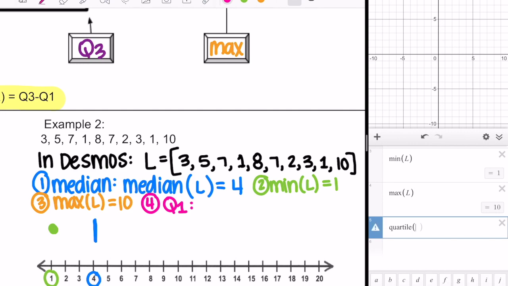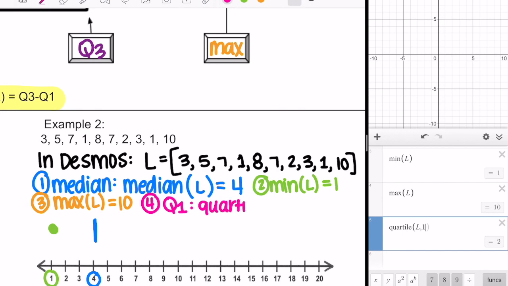And then we have to say we want the quartile of our list L, but we want the first one, not the third one right now. So L, comma, 1. So just again, in Desmos, that's quartile of L, and we want the first one, so we put comma 1, and that gives us 2. So 2 is our first quartile.